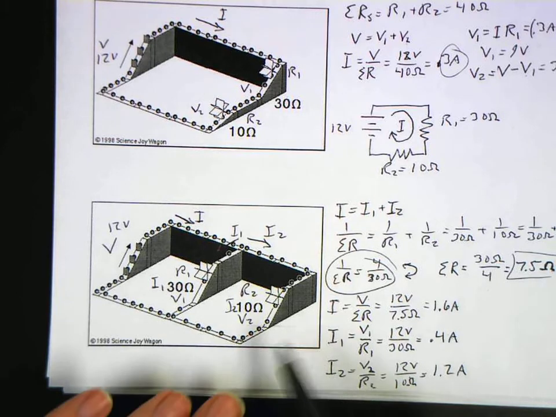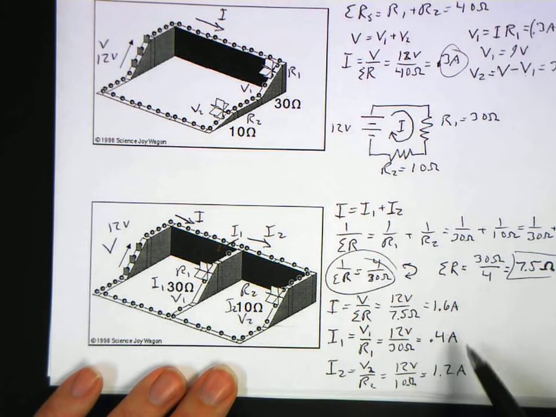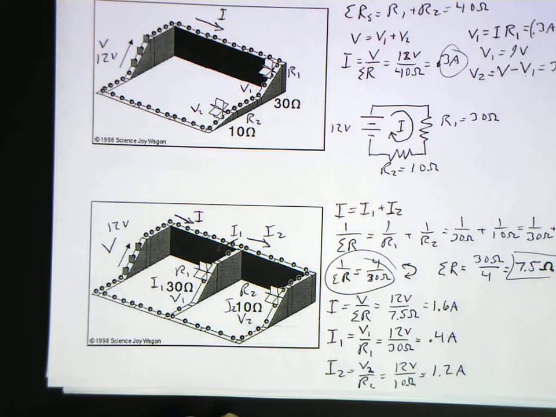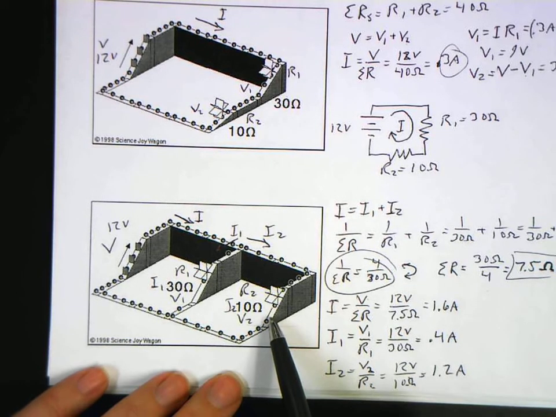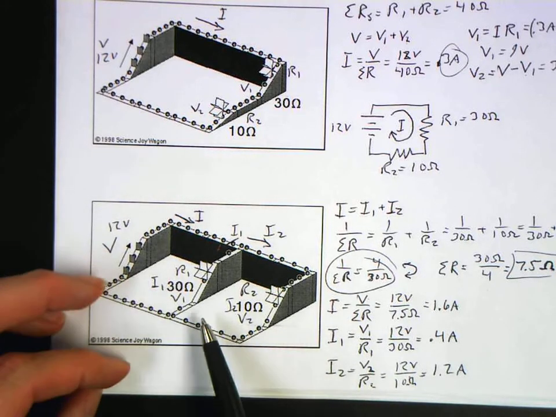Also notice this one has 1/3 the resistance of that one, and so it gets 3 times the current of the other one. If we were asked any additional questions, such as what is the power consumption of the second resistor, we could then go back to our power formula to find that, now that we know all the values about this resistor here.